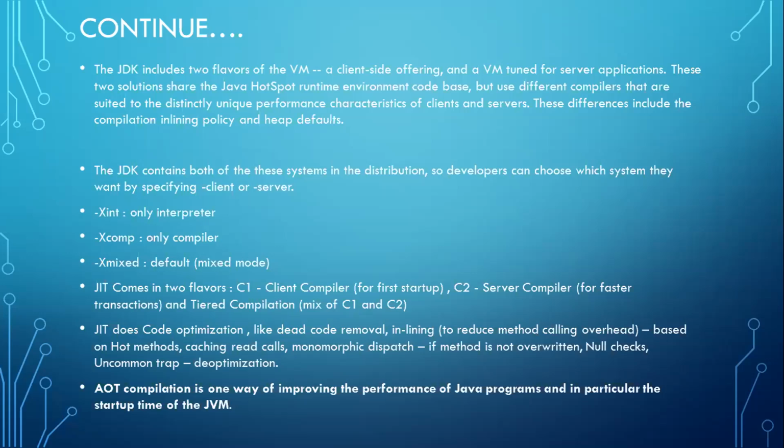Once the bytecode is fed into the JVM, it starts interpreting line by line. It picks up one line, interprets it, and transforms that line into machine understandable code before going to the second line. So interpretation is always line by line. It slows down your Java execution performance, as you understood correctly.